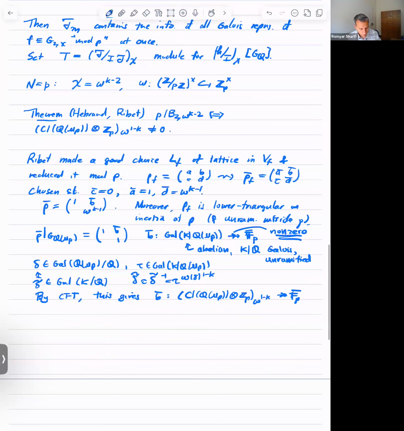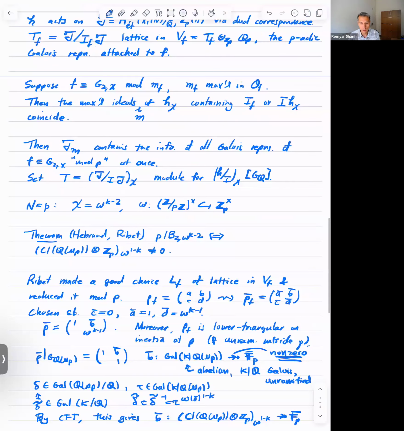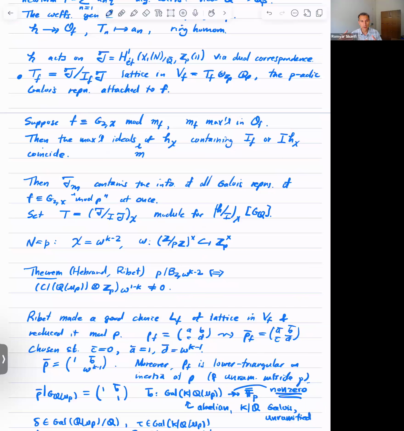But now the point I want to make is there's another lattice. This is not the same lattice as I was talking about earlier. I just took the lattice up here, the quotient of the canonical lattice that comes from cohomology.